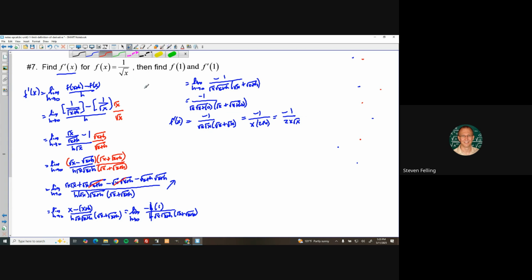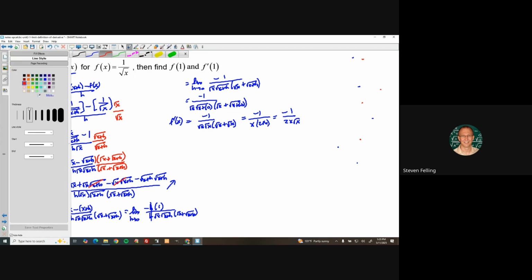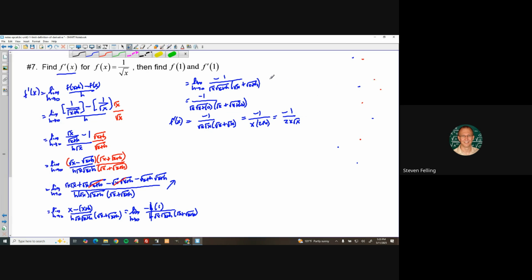Now in the second part of the problem, they're asking me to find this for a particular function, f of 1 and f prime of 1. So let's find f prime of 1. That's negative 1 over 2 times 1 times the square root of 1, which is negative a half. Whereas f of 1 is, here's the original function, 1 over the square root of 1, which is 1.